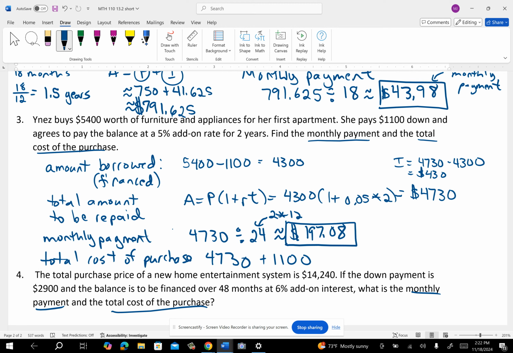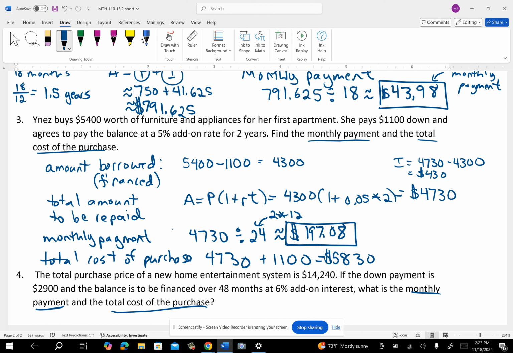So she's paying them back $4,730, but hasn't she already paid them $1,100? And that turns out to be $5,830.